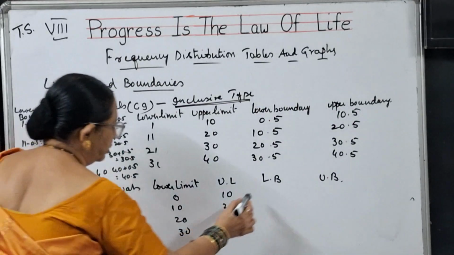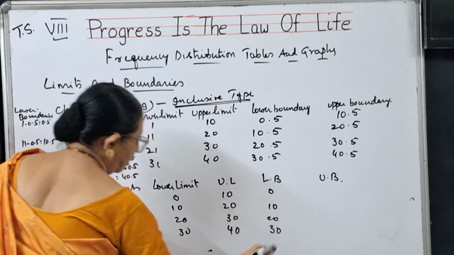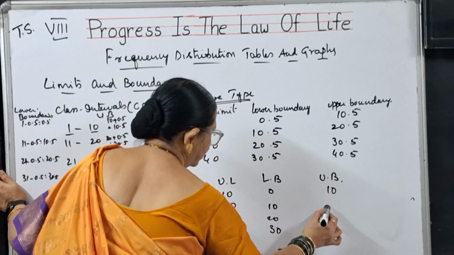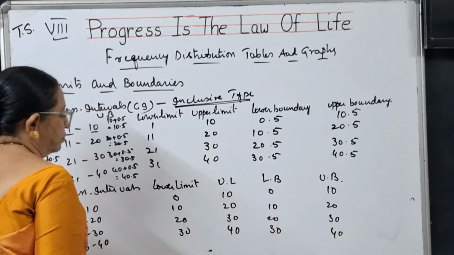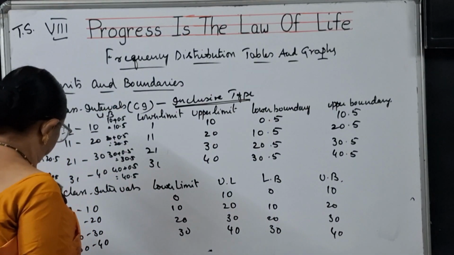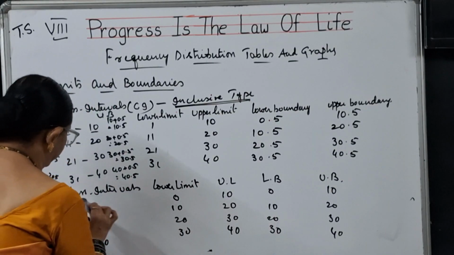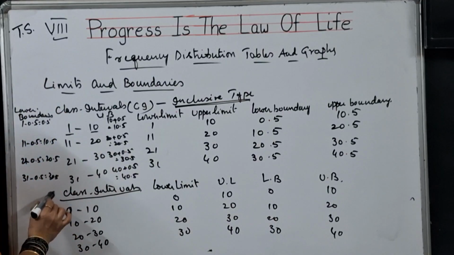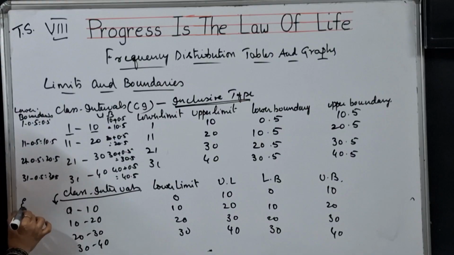So lower boundaries are again 0, 10, 20, 30, and upper boundaries are 10, 20, 30, 40. Okay, so this earlier kind of class interval is called inclusive type, and this one is called exclusive type.